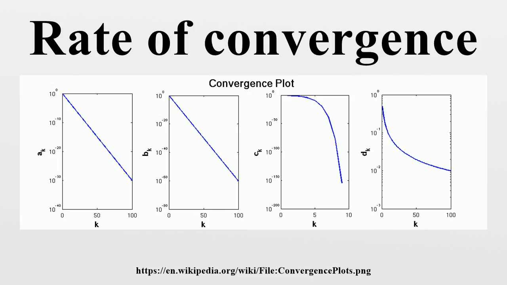Extended definition: the drawback of the above definitions is that these do not catch some sequences which still converge reasonably fast, but whose speed is variable, such as the sequence bk below. Therefore, the definition of rate of convergence is sometimes extended as follows.